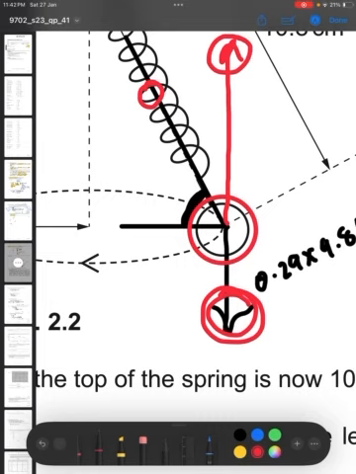If the tension is now bigger than the weight, what does it mean? It means that the tension is doing two things. Number one, the horizontal component is supplying the centripetal force required for keeping this moving in circular motion, and the vertical component of the tension is supplying the force needed to balance out the weight.